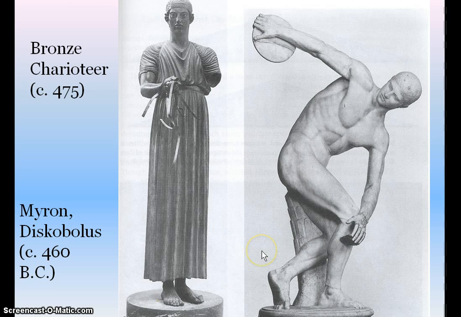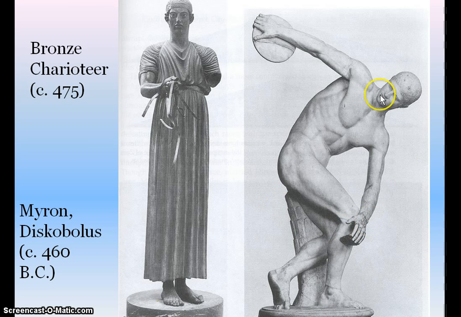It's not a desire to necessarily capture realism. This is that old idea of capturing what is the ideal athlete in this case. The human qualities, the little imperfections that make us all individuals, really get lost in this sculpture.